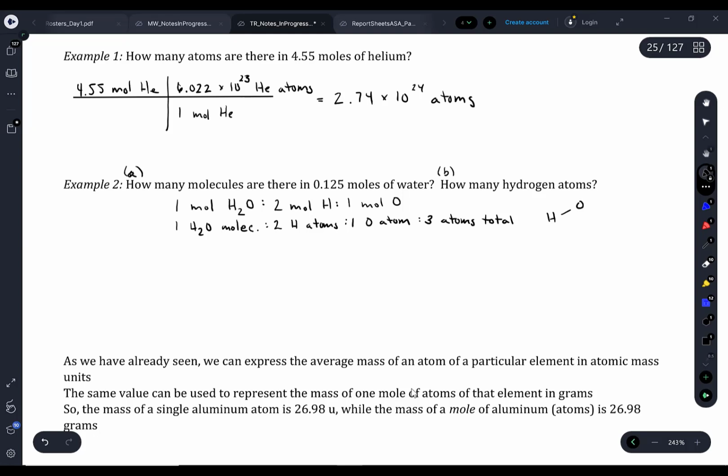So hopefully you're familiar with that. The lone pairs. Okay. So this thing right here, HOH, that Lewis structure, that's one molecule as a representation, but there's three atoms in it, right? Two hydrogens and one oxygen. Good. So I don't need that for part A, but I will need it for part B.